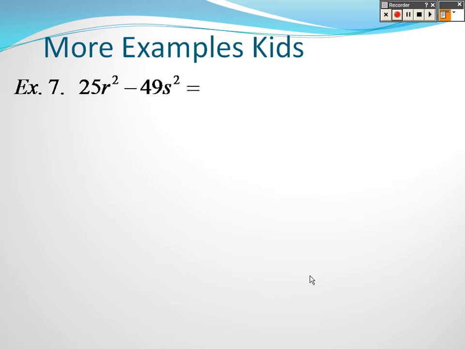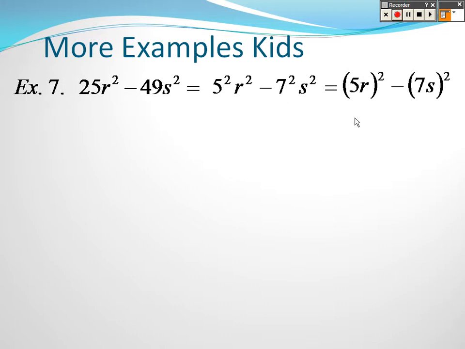So let's have some more examples here. Can you rewrite this since we're talking squareds? See how that's a squared? Can I rewrite 25 as something squared? Yes. That becomes 5 squared. Can I rewrite 49 as something squared? Yes, that's 7 squared. So when I group those together, it's a 5r squared minus a 7s squared.